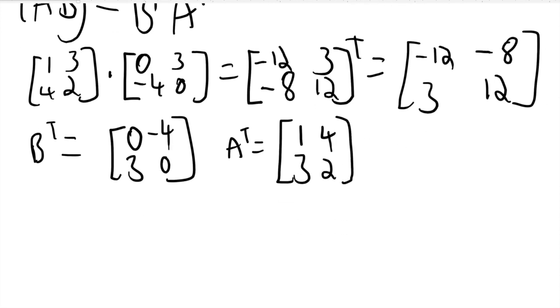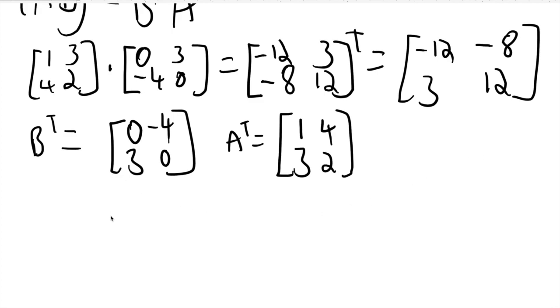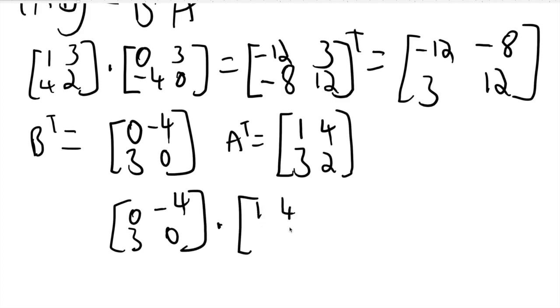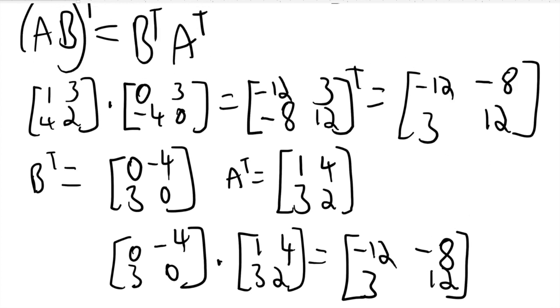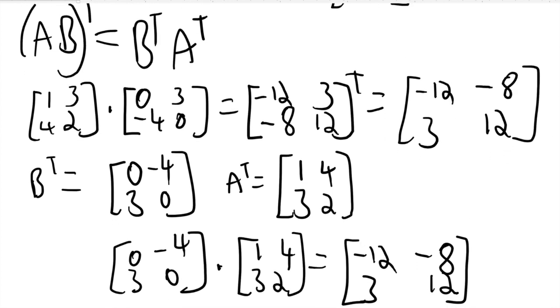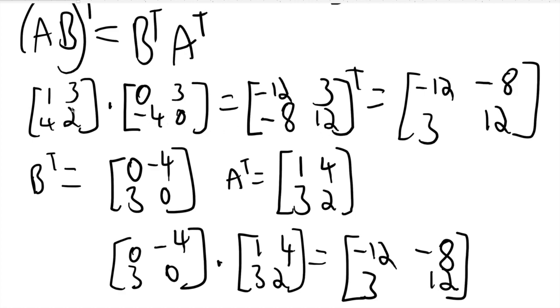And so multiplying the transpose of B by the transpose of A will give [0, -4; 3, 0] multiplied by [1, 4; 3, 2], which equals [-12, -8; 3, 12] as required. And so clearly the identity above holds in this case, and in fact it holds for any matrices A and B.